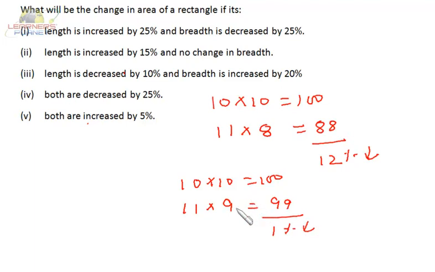So friends, if the increase percent and decrease percent are the same, that is x, then in all there will be an x square by 100% decrease in the net value. As in this case, 10% increase and 10% decrease, that is 10 square by 100% decrease, that is 100 by 100, 1% decrease. So you can directly use this logic.